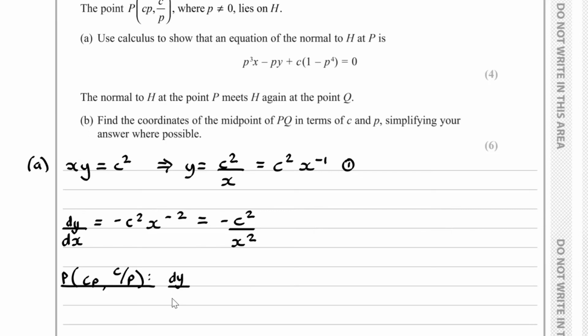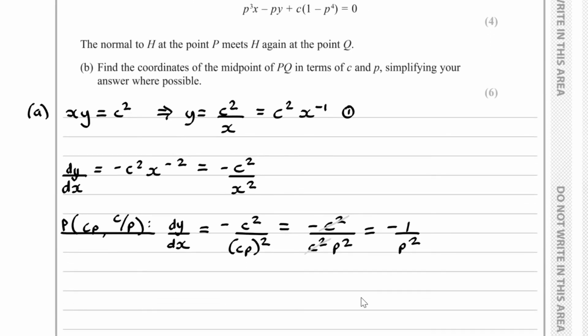Dy over dx, you'd find this to equal minus c squared over cp squared. So we have minus c squared over c squared p squared, and happily for us, you'd notice the c squareds cancel on the top and bottom. We're left with minus 1 over p squared.